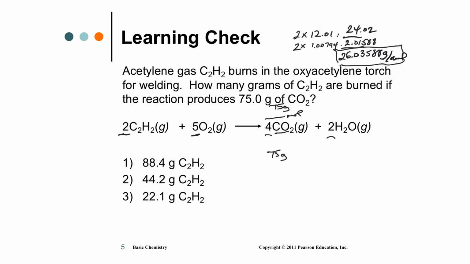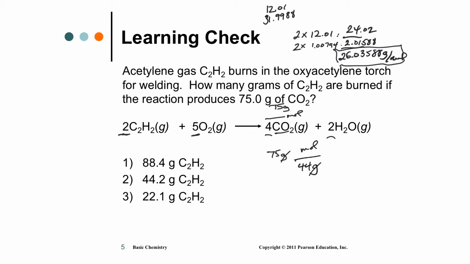So this was acetylene. I'm going to need carbon dioxide as well. Carbon is 12.01, and then I need 2 times 15.9994, since there are 2 oxygens in CO2. That's 31.9988. Add those together, and I'll say that there are 44 grams in a mole.